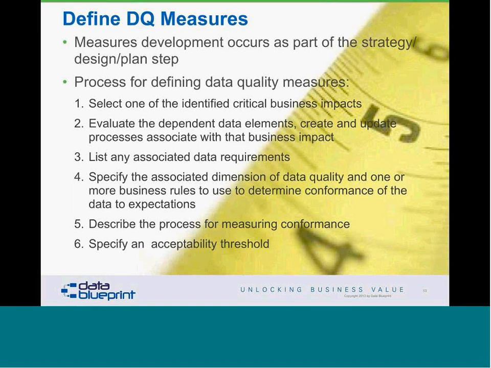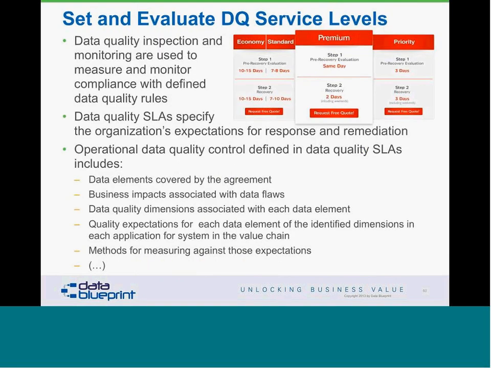Those data requirements specify the quality dimensions or business rules that are relative to that, and then describe a process for measuring conformance to get to an acceptable threshold in this area. These are good areas to do, and this leads you then to the ability to set and evaluate various data quality service levels. So again, as you're looking at these SLAs, I'll tell you a quick little story on this.